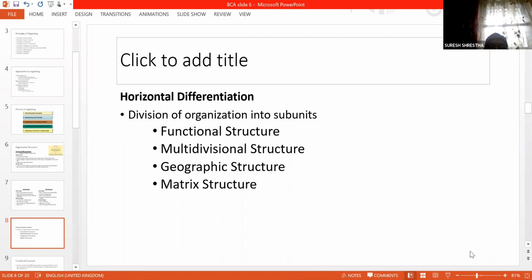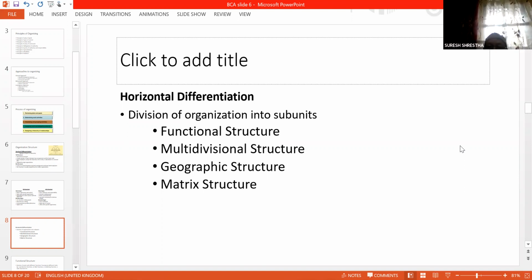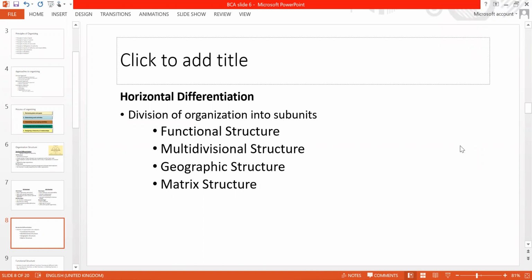Louder, louder. Jairam. Bipan. Horizontal differentiation exactly आएन सर.